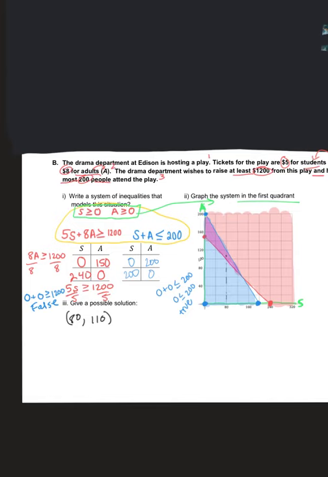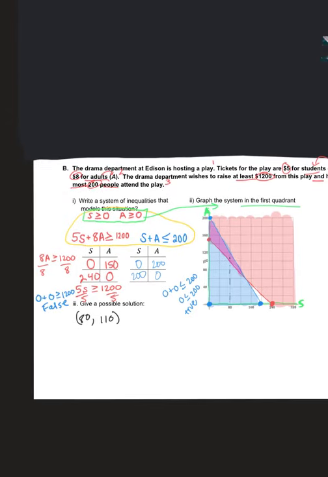Let's check it out. If I try the blue equation with that, 80 plus 110 is less than or equal to 200. That's 190. Is that less than or equal to 200? It sure is. This is true. Now let's check and see if the red inequality works.